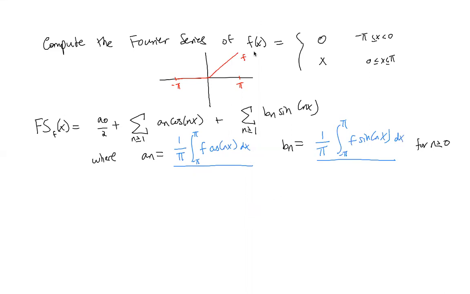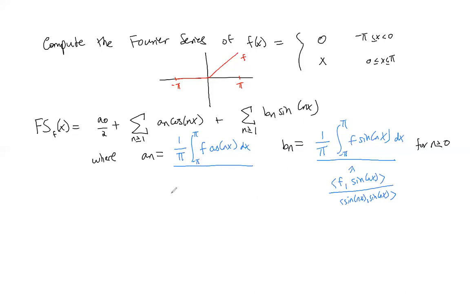Remember how we got these: both of these were projection formulas. They're the inner product of f with, let me do it for this one, the inner product of f with sine, and then dividing by the norm squared of sine. So the pi is the denominator, and this integral is the numerator. That's how we got these formulas.